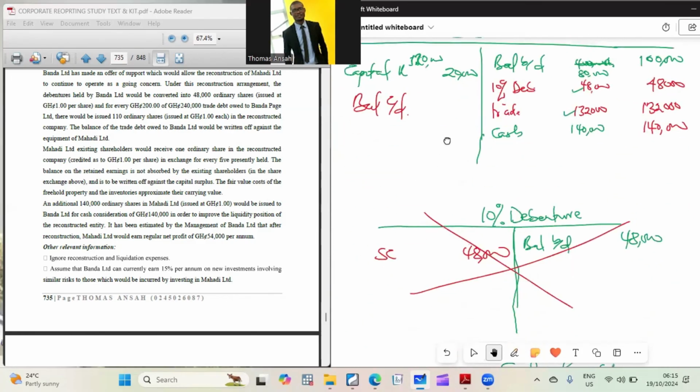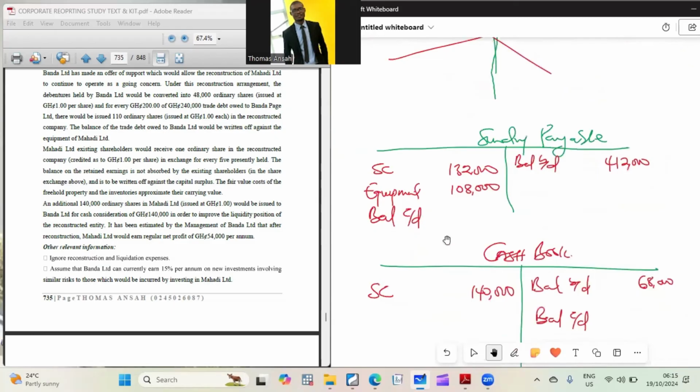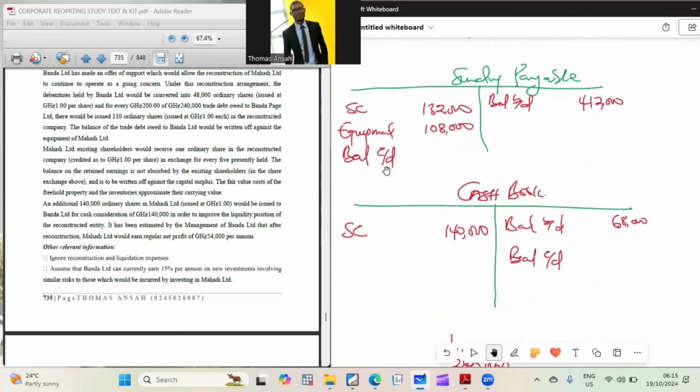Let's do the cash and go and balance the cash side of our balance sheet. So what is the balance on the cash? 72,000.